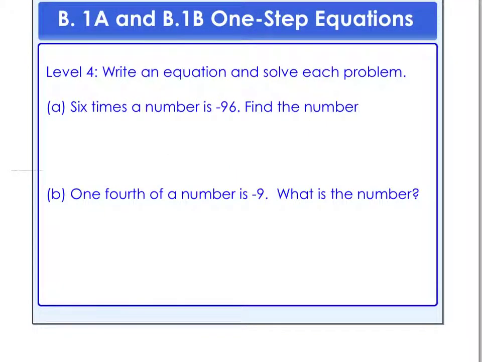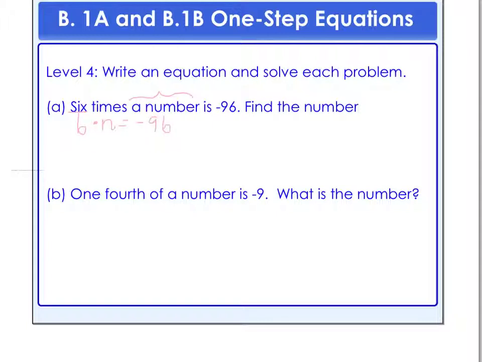The level 4 questions, you have to come up with the problem. So here it says 6 times a number. Since we know we have our 6, we can translate this into math language. So 6 times a number, if we don't know the number, we'll call it n, means equals negative 96. Find the number.